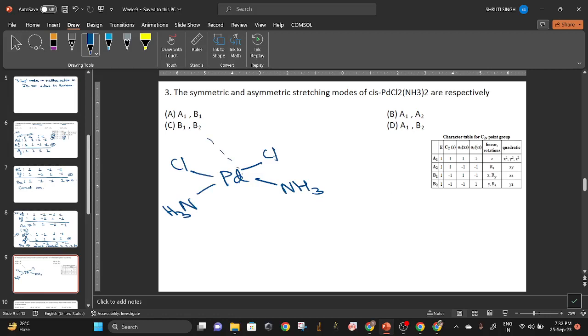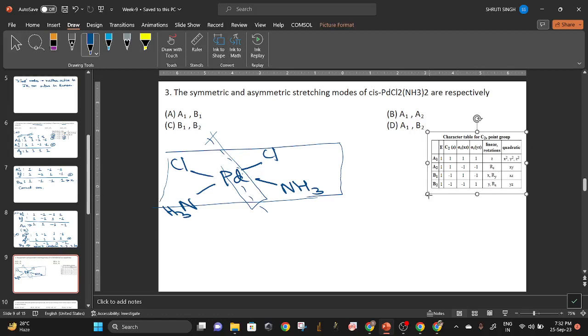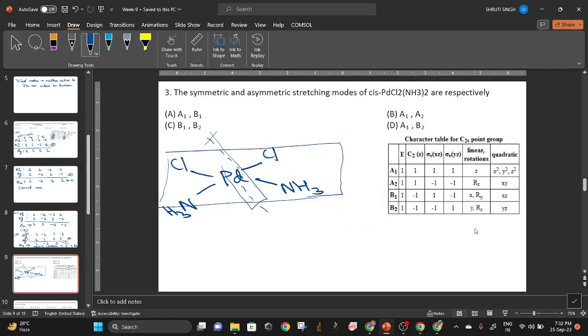This axis is C2, and there is a plane along this axis, and there is one plane which contains the molecule. So two planes, one axis, and one identity element. So this is C2v. Now this is the character table I have attached here.